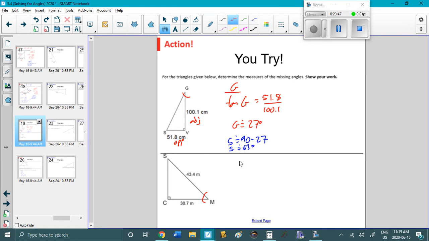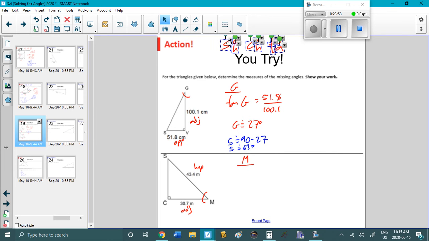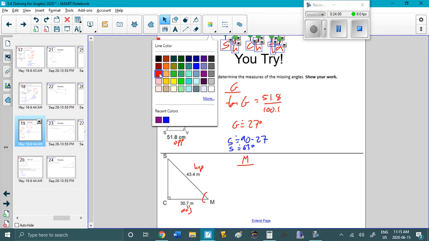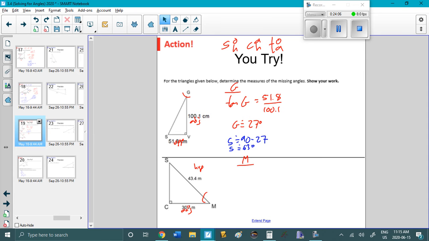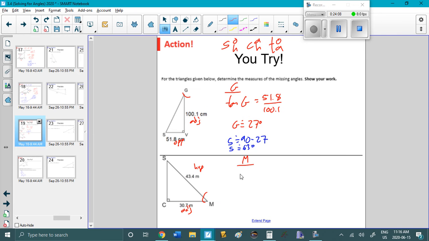Next one. Again, I'm hoping that you paused and tried this. So angle M, we've got the hypotenuse, we've got the adjacent, and hopefully you're getting good at knowing whether it's sine, cos, or tan. You should have SOHCAHTOA memorized. So if we have adjacent and the hypotenuse, it's cos. So cos of M equals the adjacent, 30.7, divided by the hypotenuse, 43.4.